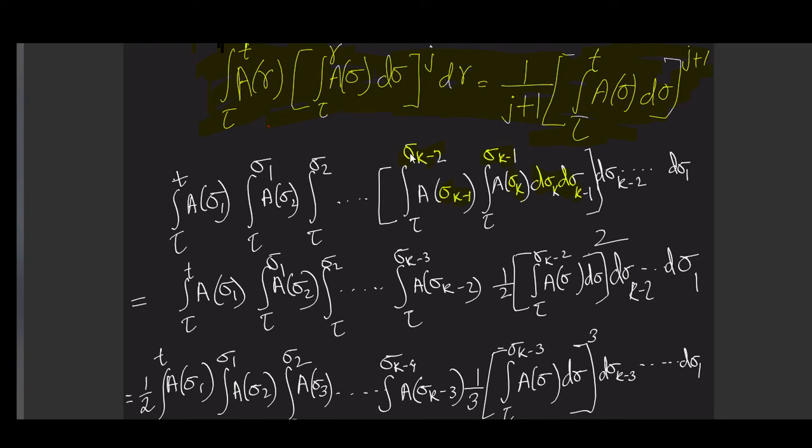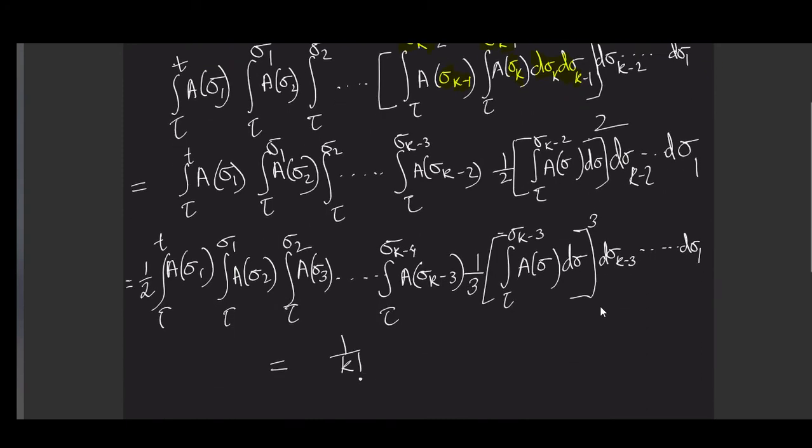For the kth term, this is sigma k and sigma k minus 1. We group them together. Then what we do? We have found that if sigma k and sigma k minus 1 are both equal, then this whole integration can be simplified in this way.